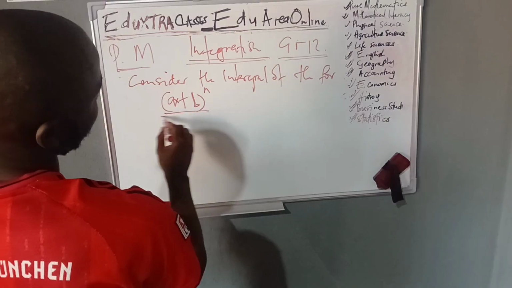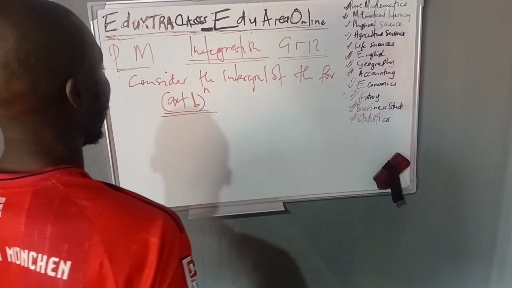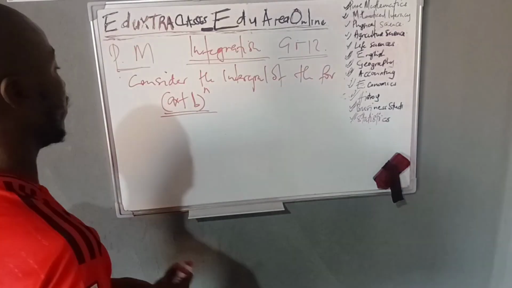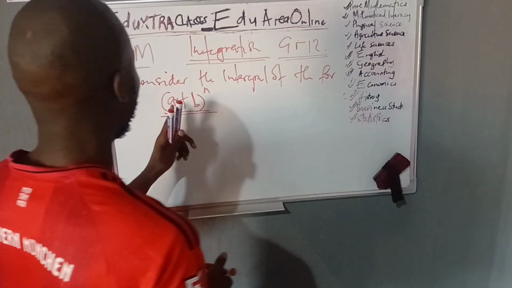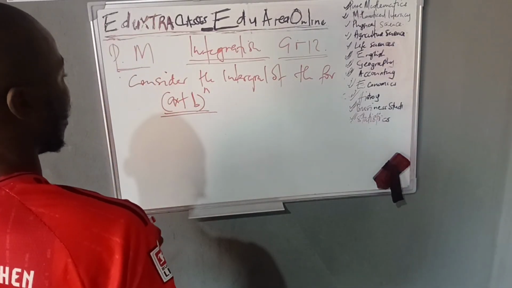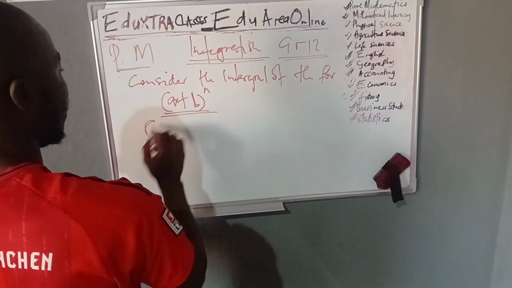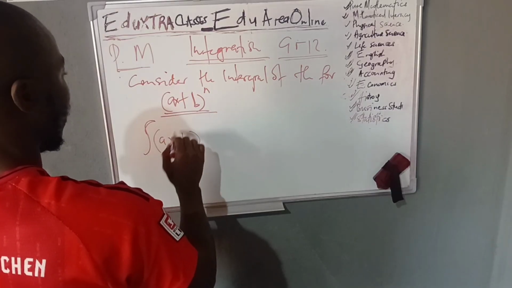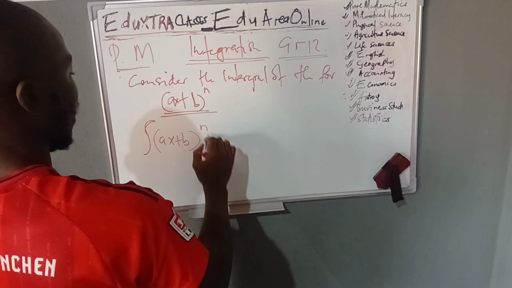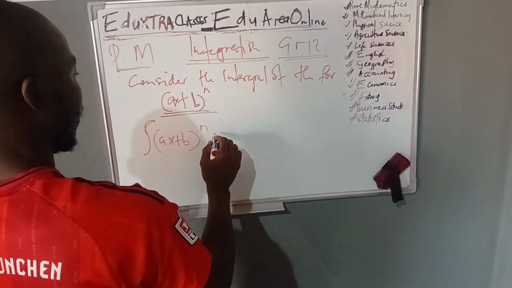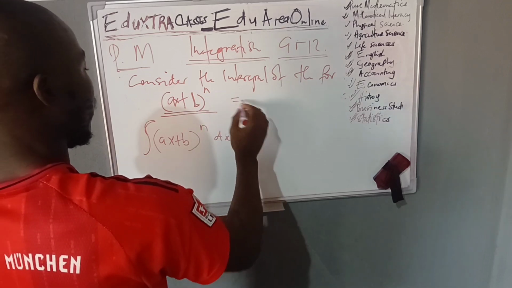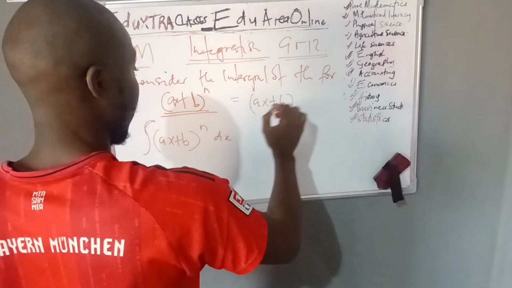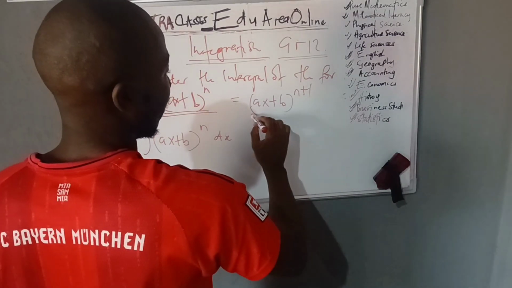Yes, we want to consider this nature, ax plus b to the power n. So how do we deal with this one? We put the integral sign, ax plus b to the power n dx, which gives us ax plus b to the power n plus 1 over n plus 1.